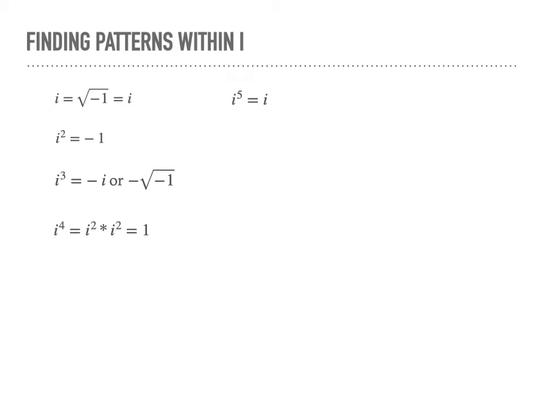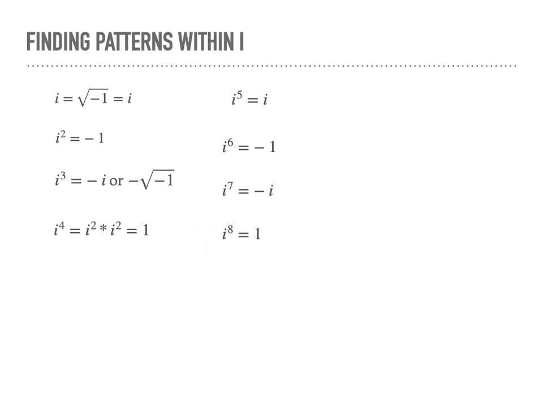And we can continue this process. i to the power of 5 is equal to i, and i to the power of 6 is equal to negative 1, because i to the power of 5, which is i, times i is negative 1. And i to the power of 7 is negative i, and the process continues. i to the power of 8 is 1.